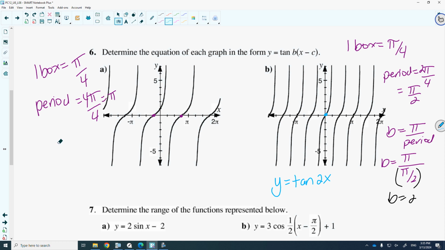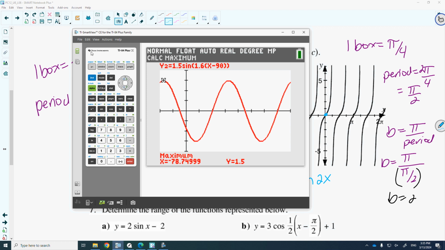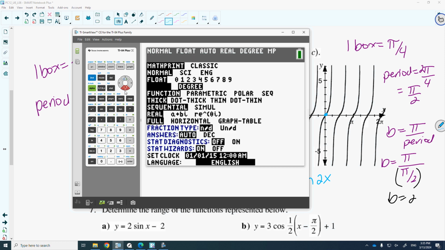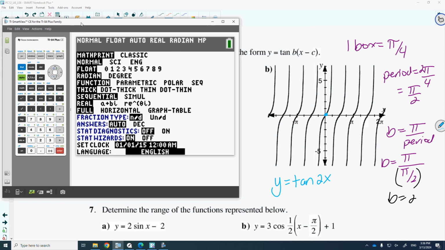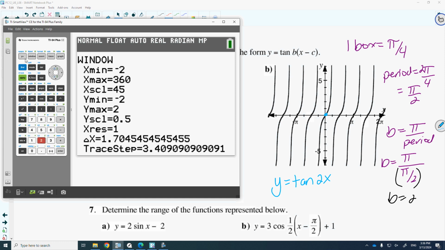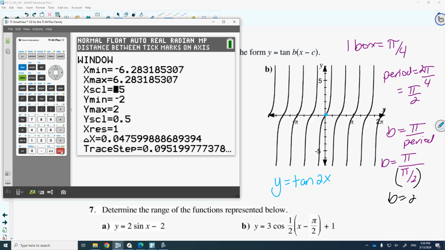I could verify on a calculator, right? I'd want to type in tan of 2x, and then I'd want to be in radian mode, and I would want to go from negative 2 pi to 2 pi. And then my scale is pi over 4.